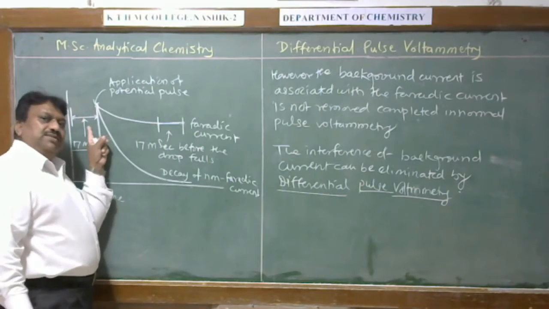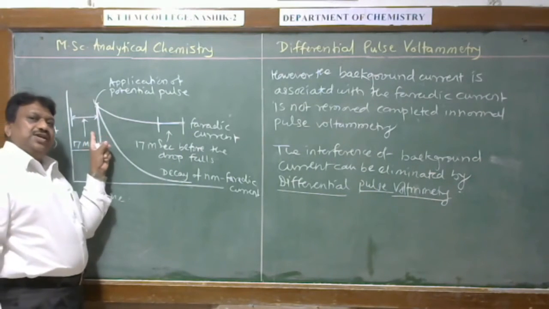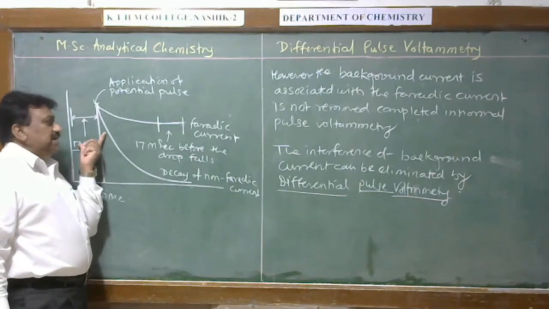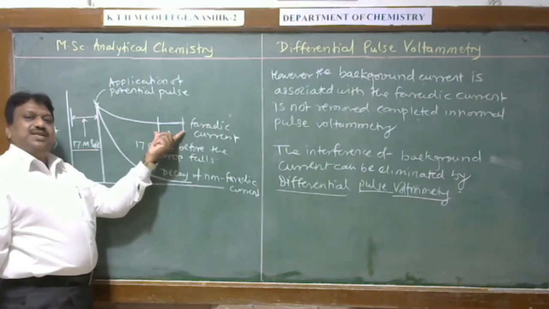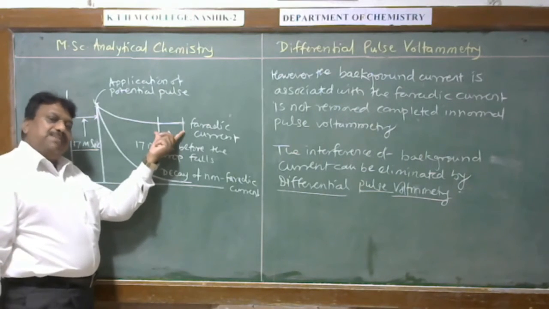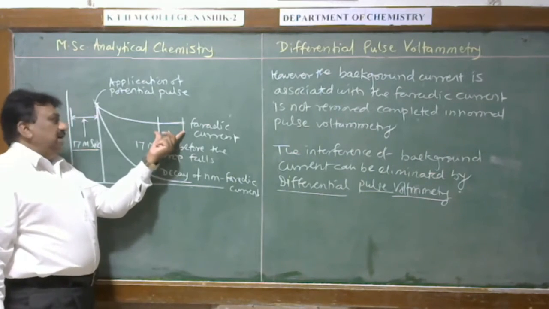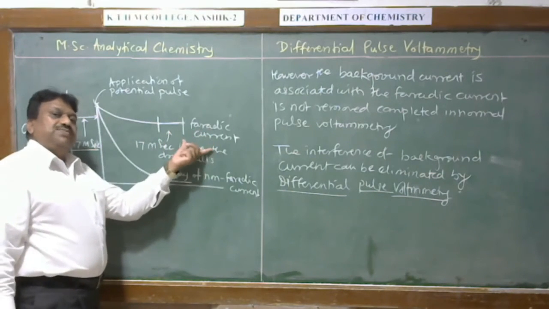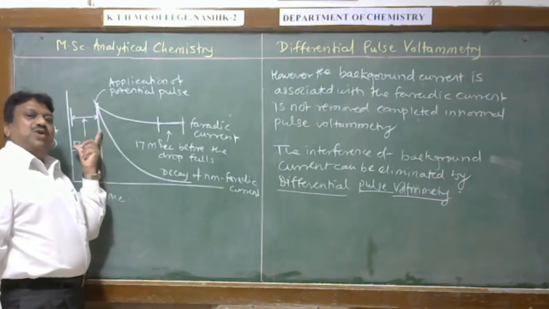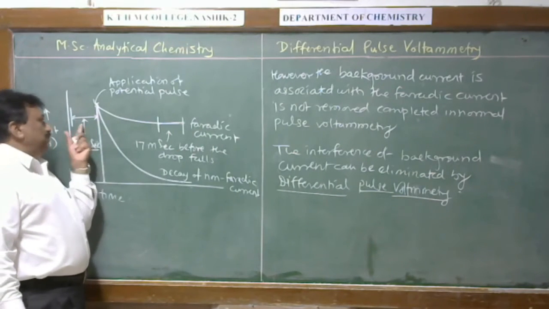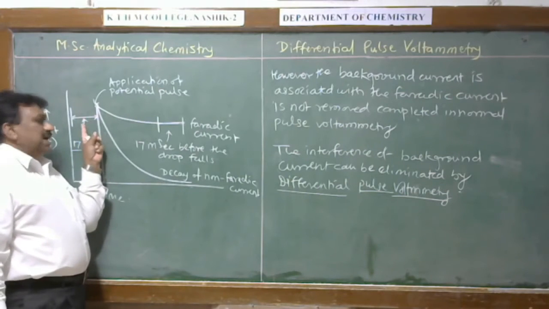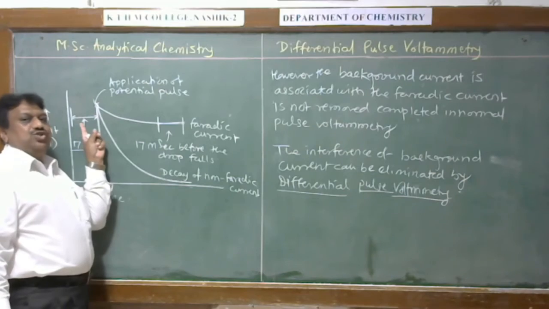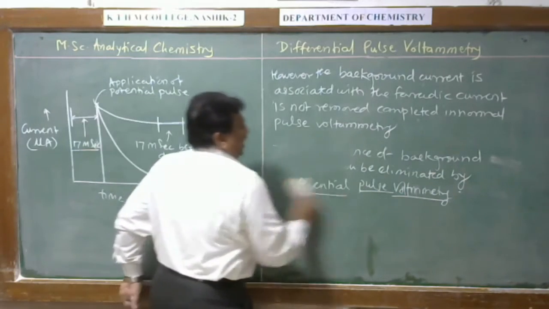The current measured before application of the potential pulse is sampled instrumentally and subtracted from the Faraday current sampled at the end of the pulse, and this subtraction gives only the Faraday current, which is free from the background current. Therefore, the background current is eliminated by subtracting the current sampled just before the application of the pulse.